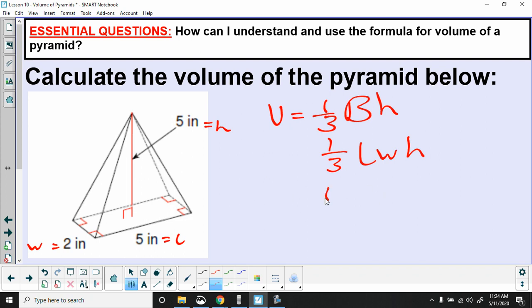And then you just substitute. So 1/3, length would be 5 in this instance, 2 for the width, and height is 5. I think we can do this in our head. 5 times 5 is 25, times 2 is 50. So 50 over 3.